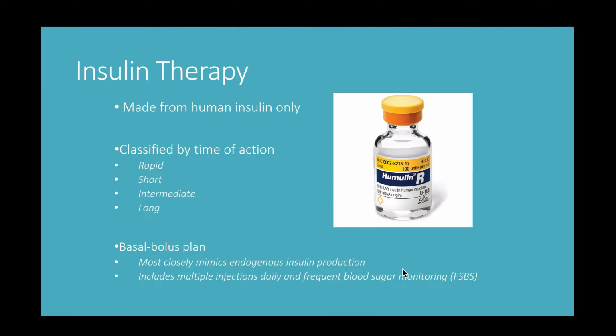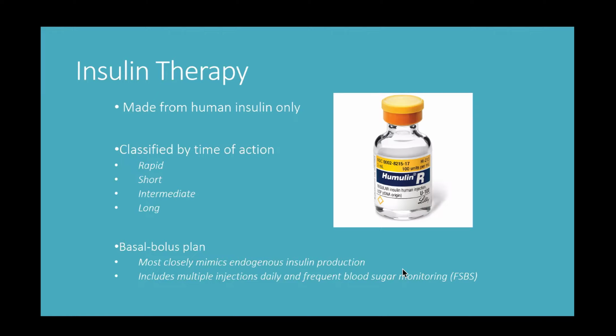So we want to start to give insulin therapy based on that same principle. So patients often have the traditional sliding scale of insulin. Sliding scale of insulin being where they check a blood sugar before they eat, and their blood sugar is 312. So then they go to this chart that says, okay, if the blood sugar is between 250 and 300, give them 7 units of insulin. So they do.